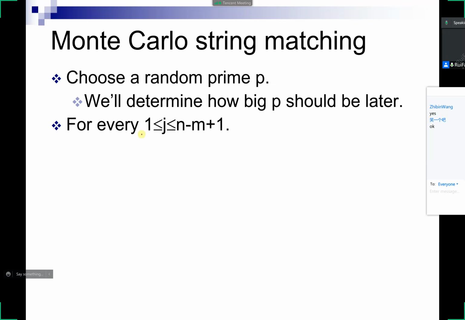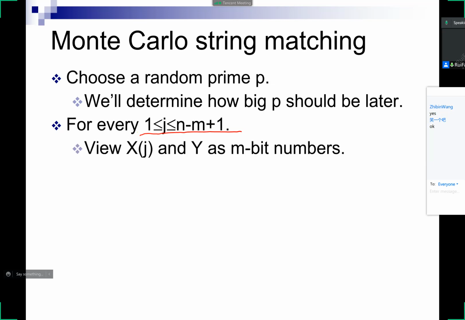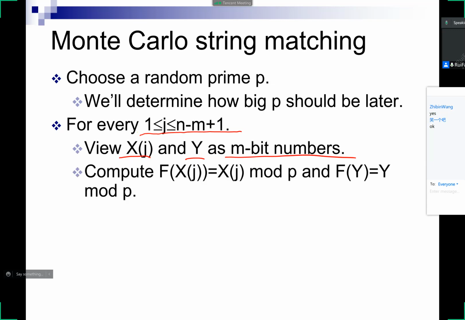And now for every possible position j where y could match x, you're going to look at x of j and also y as m-bit binary numbers, and then compute the fingerprint of x of j and y. The fingerprint is just x of j modulo p, and y modulo p.